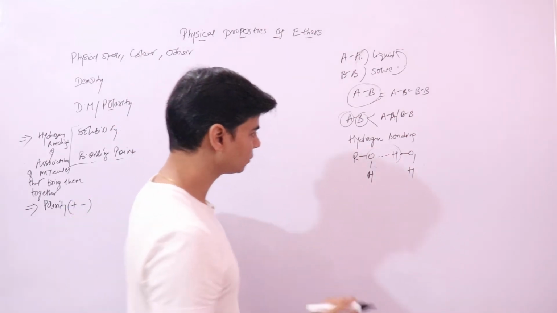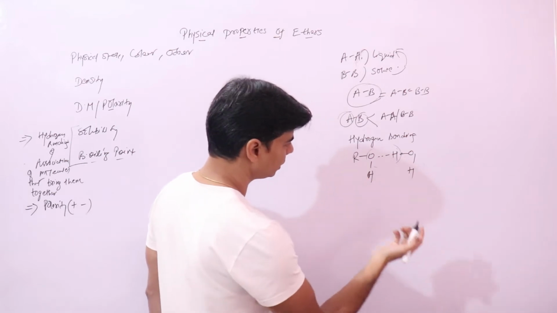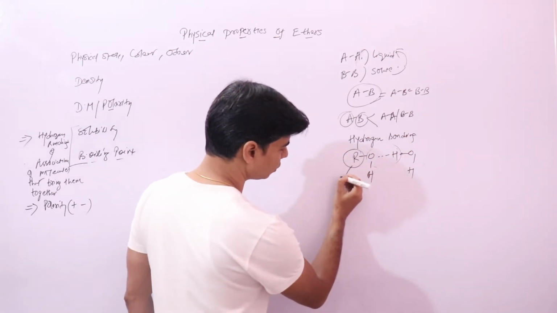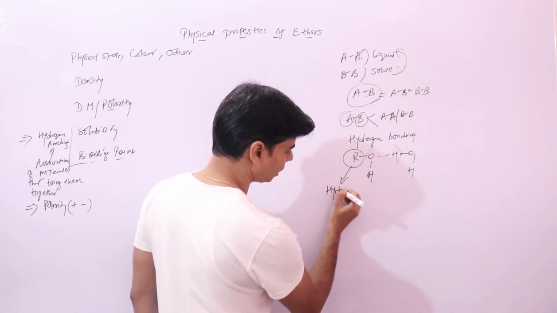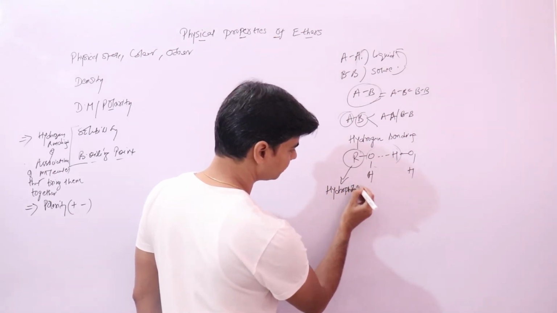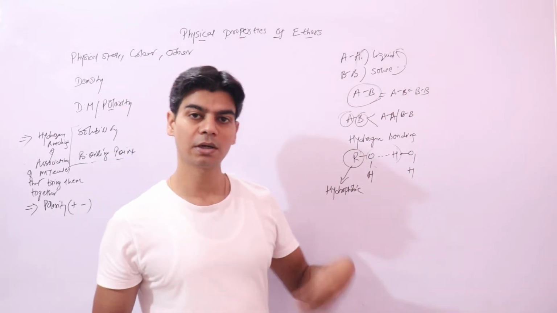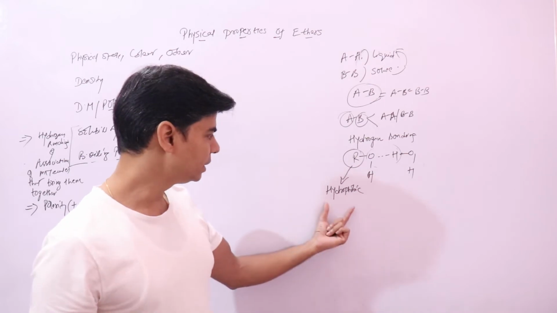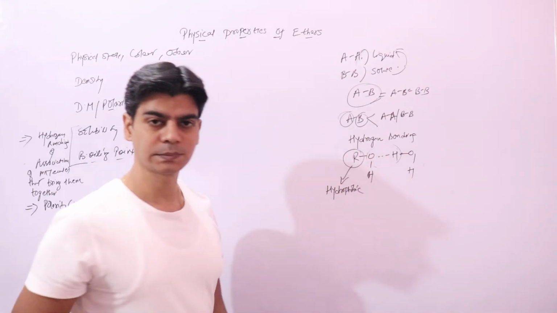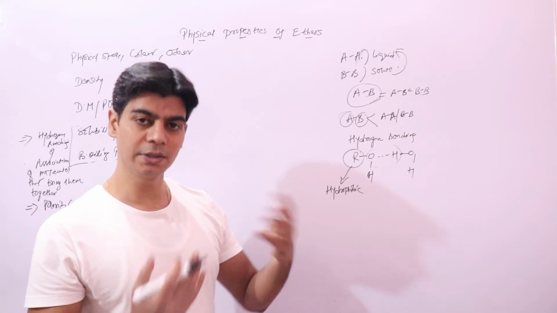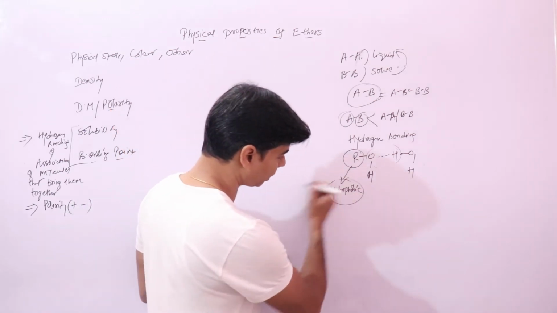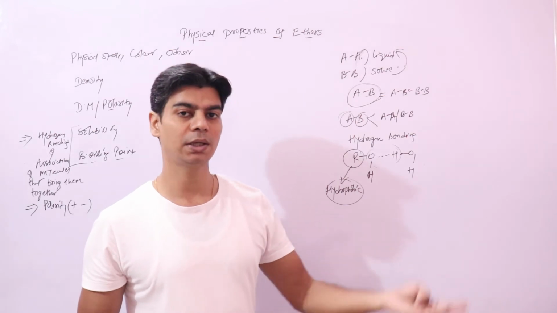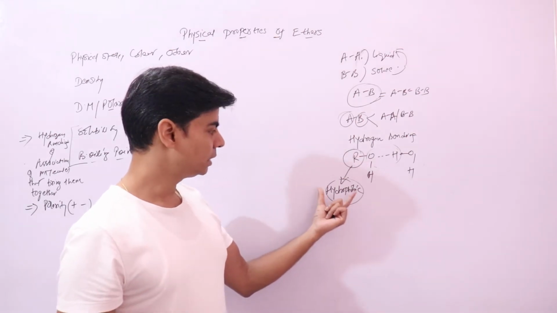But remember, whichever organic compound you take, this R group is not water soluble. We call this hydrophobic. As the molecular mass of the alcohol or any organic compound increases, this R increases, so this hydrophobic part, which does not like to interact with water, is increasing.